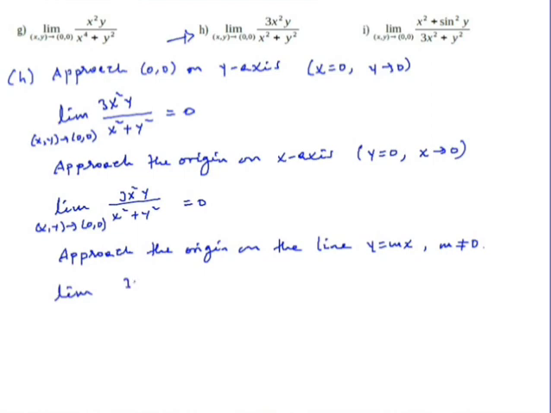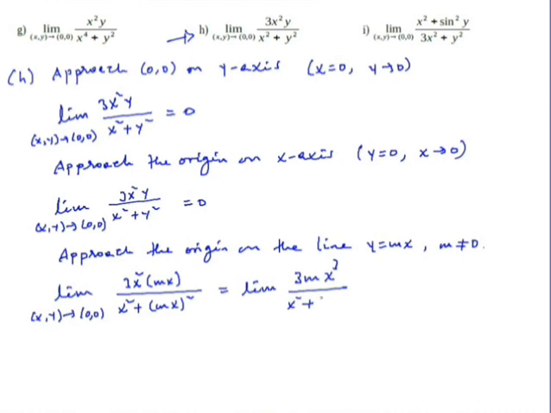The limit of 3x square በy ቦታ mx እናስገባለን over x square plus (mx) the whole square as (x, y) approaching the origin. ይሄ የሚሰጠን the limit of, simplify ስናደርግ የሚሰጠን 3mx cube over x square plus m square x square as (x, y) approaching the origin ነው። So ይሄን simplify ስናደርግ የሚኖረን the limit of 3mx over 1 plus m square as (x, y) approaching the origin ነው የሚሆነው። So still ይሄ 0 ነው የሚሆነው። Therefore the limit becomes 0.